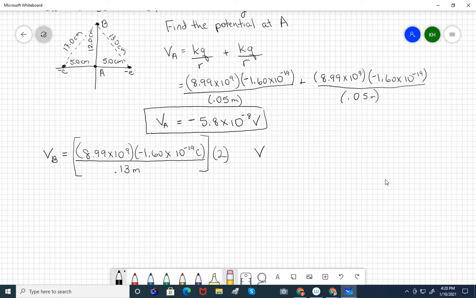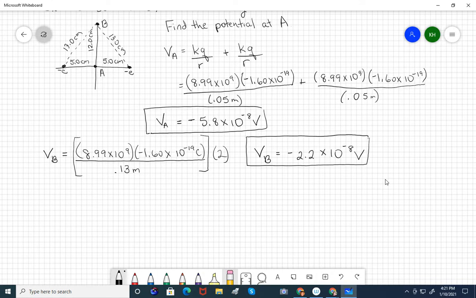And I get that the potential at B is negative 2.2 times 10 to the negative 8 volts. And that's not surprising. The potential is smaller because B is farther from the charges. As we get farther and farther away from the charges, the magnitude of the potential is smaller. It's still negative. Technically, that's a larger number, but it's actually smaller in magnitude.